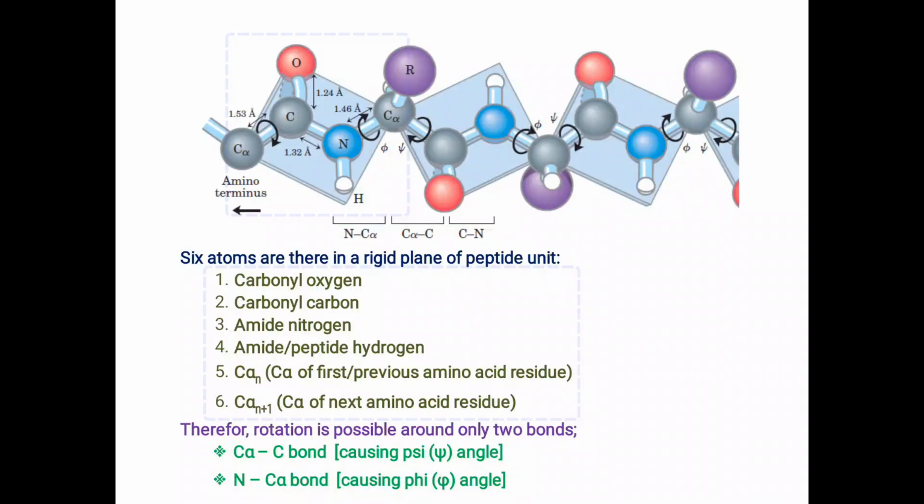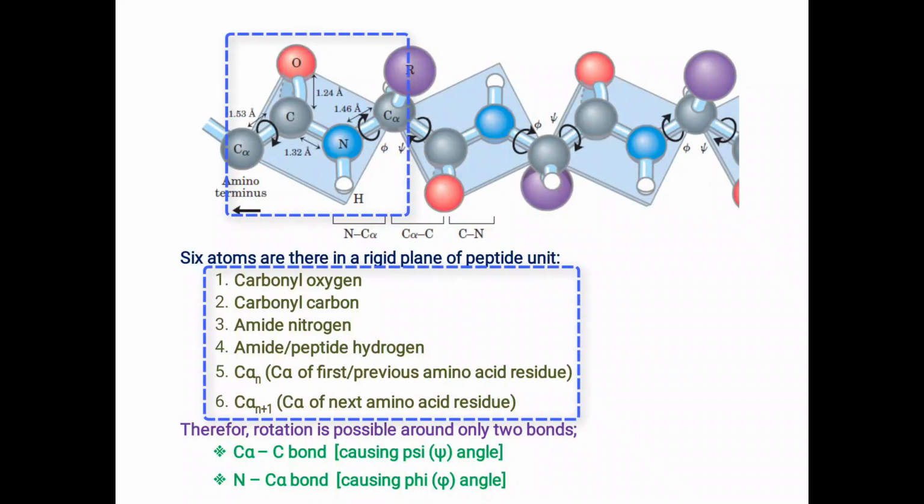First is the carbonyl oxygen, then the carbonyl carbon, then the amide nitrogen or peptide nitrogen, then the amide or peptide hydrogen, then C alpha N. C alpha N means the C alpha of the first or previous N-terminus amino acid residue, and the last atom or sixth atom of this planar peptide unit is C alpha N plus 1, or you can say the C alpha carbon of the next amino acid towards the C terminus.